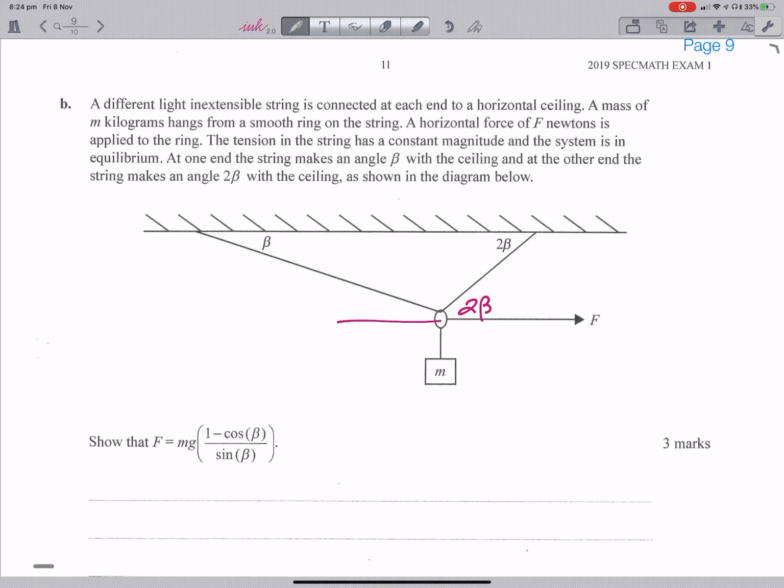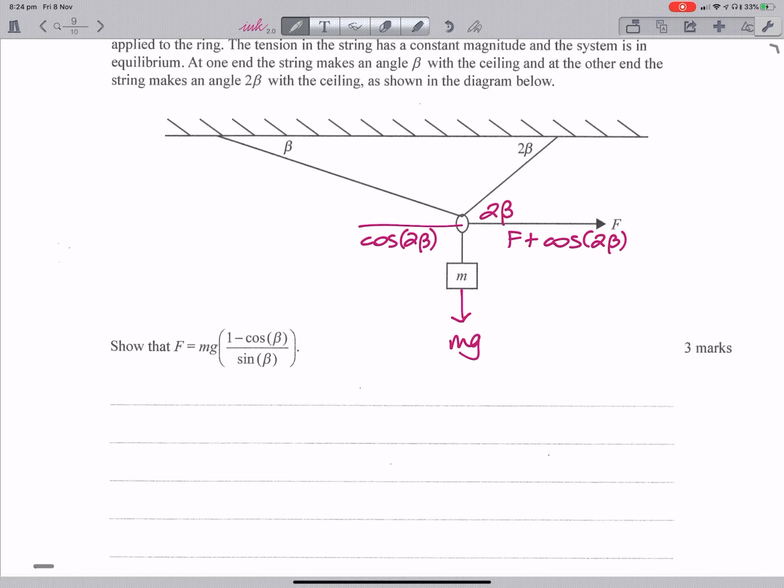There's 2 beta. So this is F plus cos 2 beta. And this is cos 2 beta. This is mg.